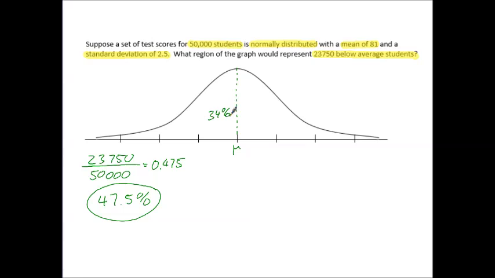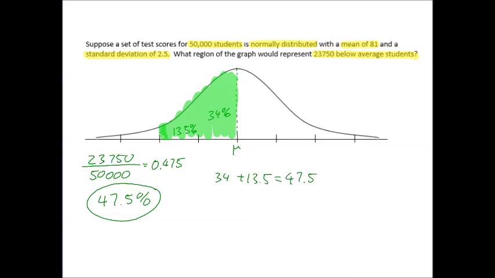That's not quite enough. And if we go one further, we have 13.5%. Adding up 34 plus 13.5, we get 47.5. So that is exactly the amount we needed. This area here represents 23,750 students whose test scores were below the average.